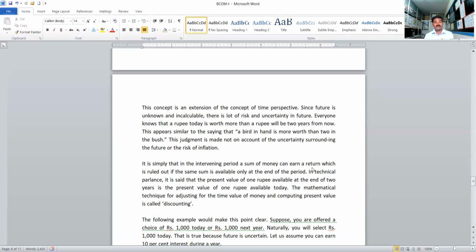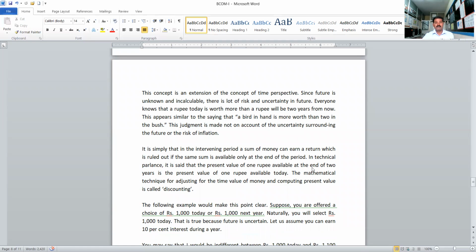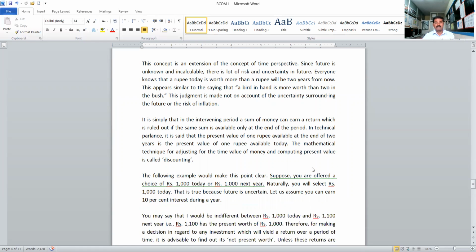This judgment is made not on account of the uncertainty surrounding the future or the risk of inflation. It is simply that in the intervening period, a sum of money can earn a return which is ruled out if the same sum is available only at the end of the period.